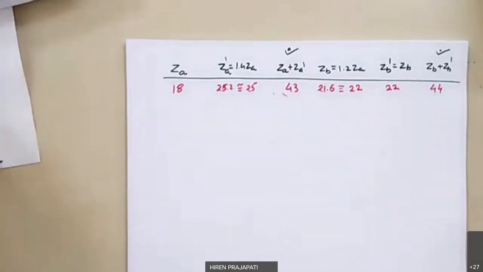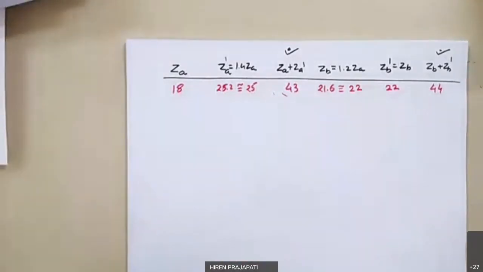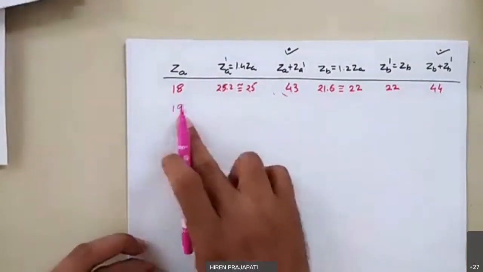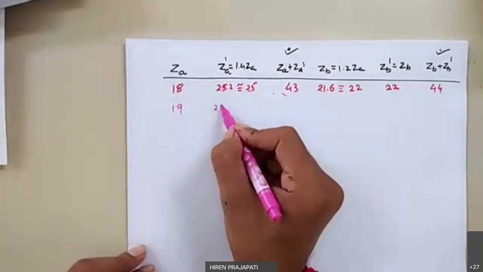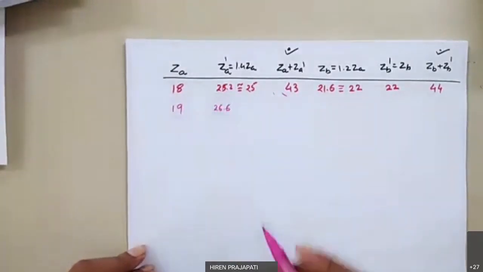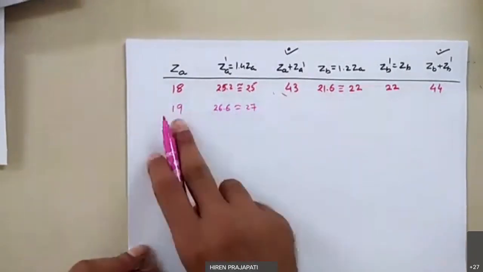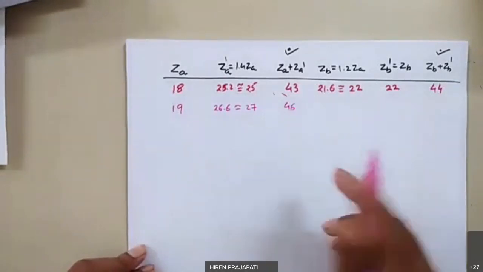We cannot go below 18, so next is 19. If I put 19, then calculating ZA dash, we get 26.6. If we round off, we get 27. 27 plus 19 gives 46.